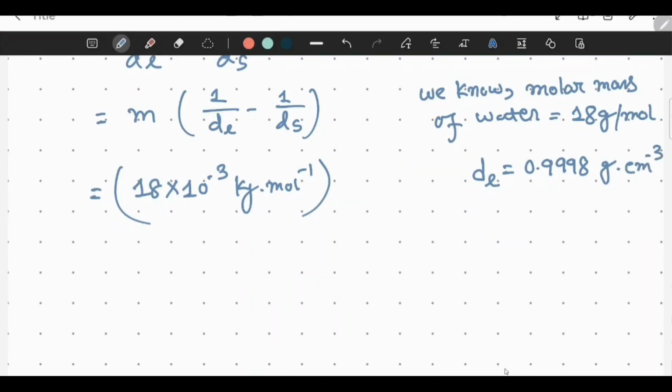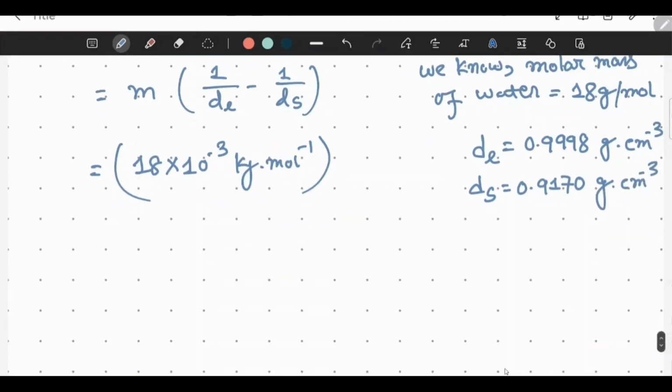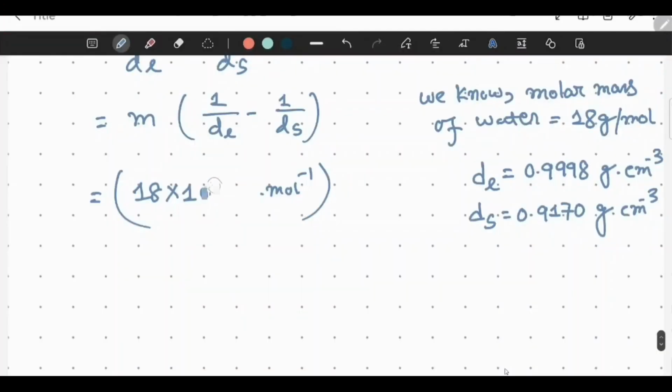Cc means centimeter cube. And the solid is 0.9170 gram per centimeter cube. So let it remain as gram.